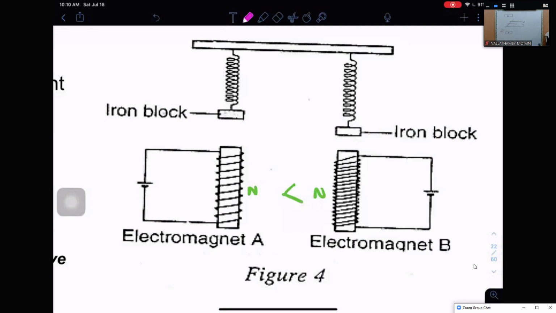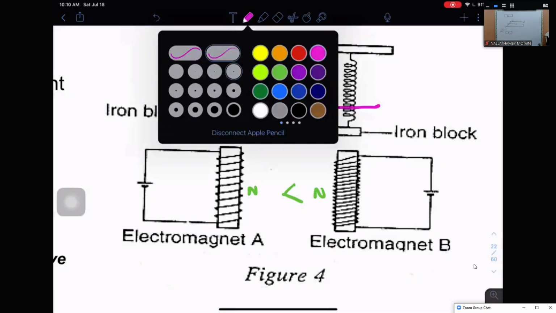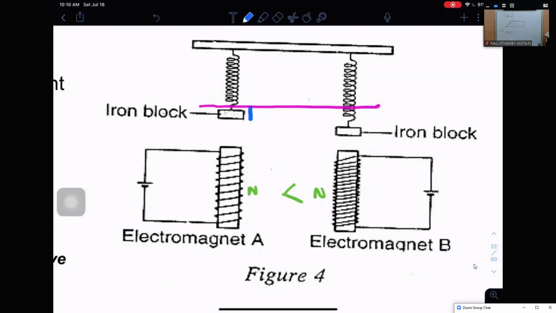The pulling force or the attractive force what? Greater. So let's say earlier is here, origin. Okay, origin is there. So when it is being pulled, it is being displaced a bit until here. But because of the electromagnet B, which consists of more number of turns of coil, it becomes a strong electromagnet, and then it will pull the iron block with a greater force.